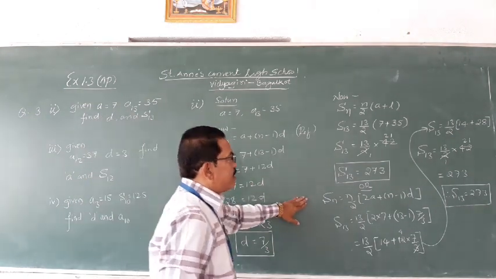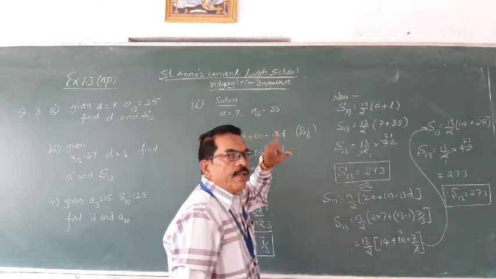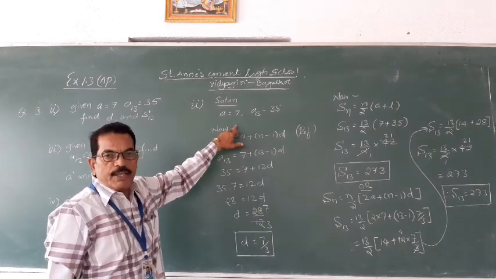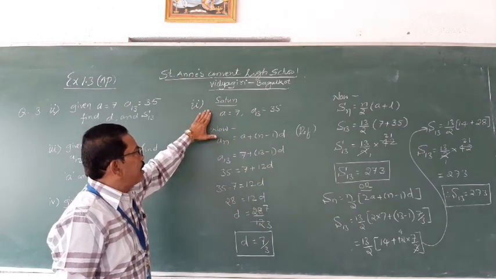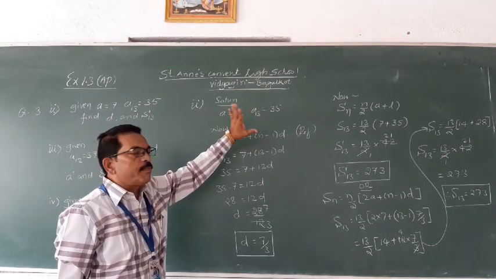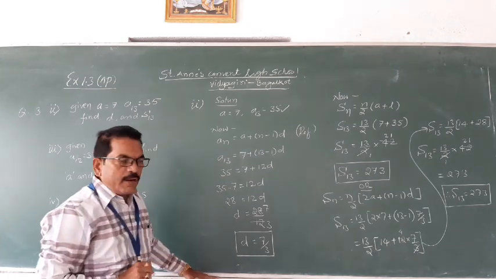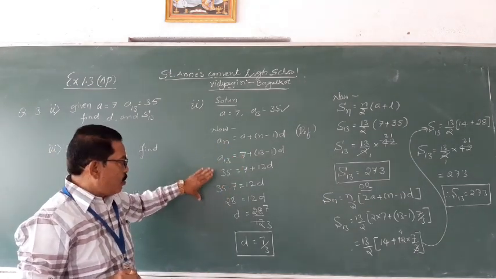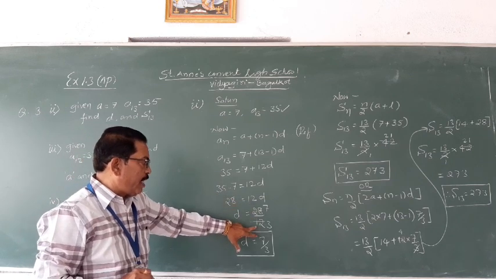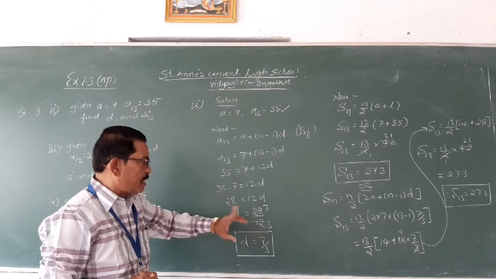See, this process is lengthy, so it is better to use this formula when the last term is given. Once again I repeat this one. Here a is given, the 13th term is given, this one is the last term. By applying the an formula, a plus n minus 1 into d, we have d equals 28 by 12, that is 7 by 3.